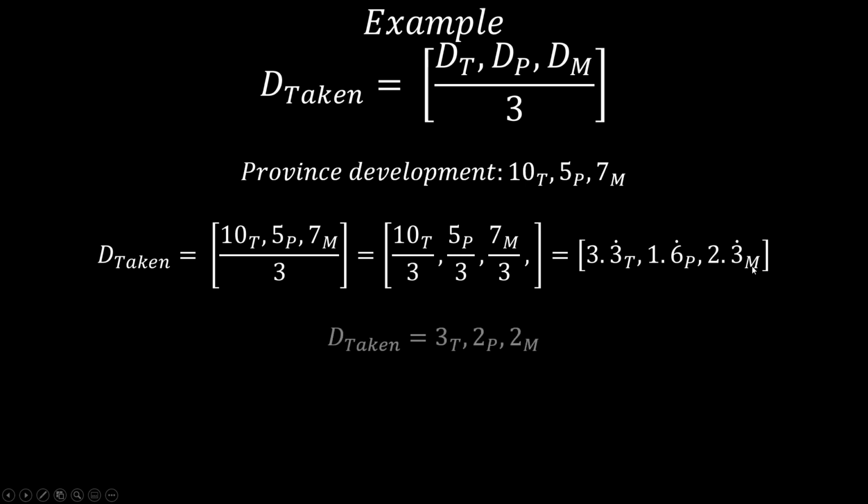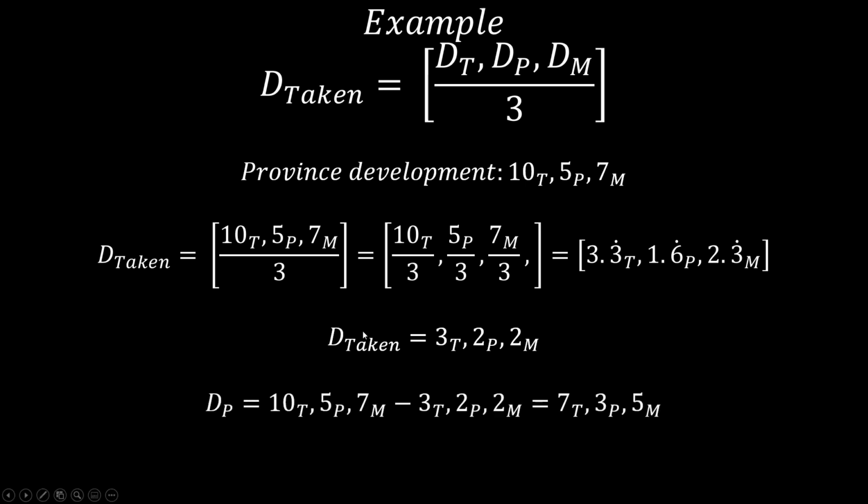And if we round these all, we get 3 tax, 2 production, and 2 manpower taken from the province. And so if we then want to calculate the new development in the province, we just take away the development taken from the original development of the province, and we get 7 tax, 3 production, and 5 manpower left over.